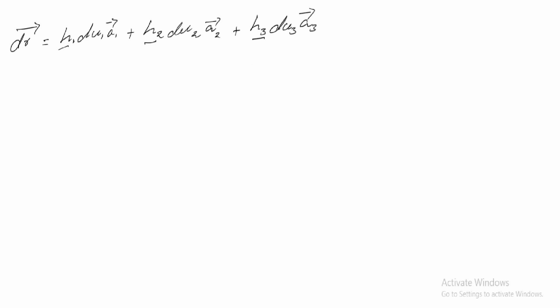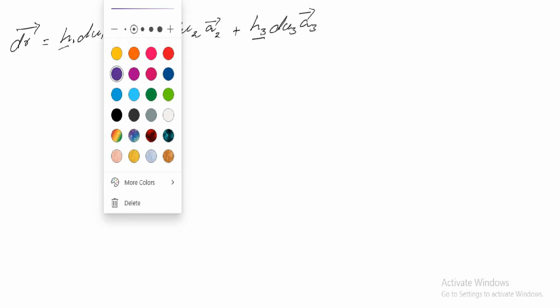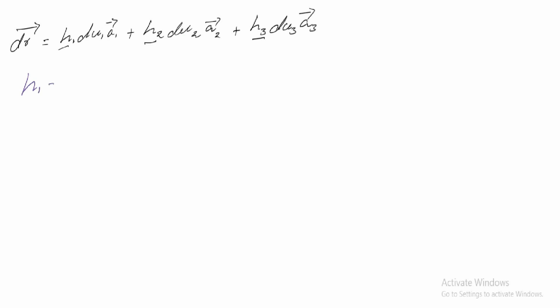So these H1, H2, H3 are the metric coefficients. These can be represented in terms of elementary lengths as H1 is equal to ds1 by du1, H2 is equal to ds2 by du2 and H3 is equal to ds3 by du3.